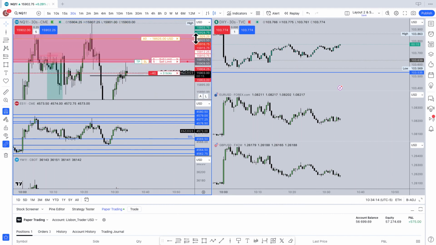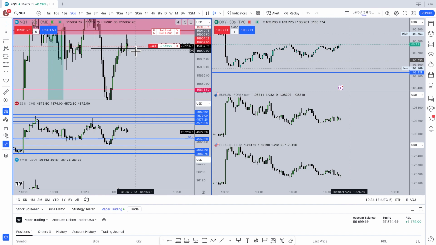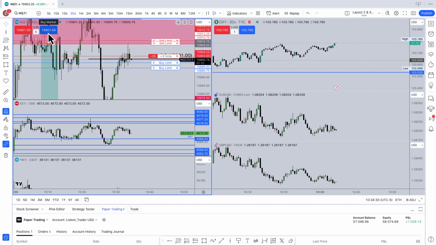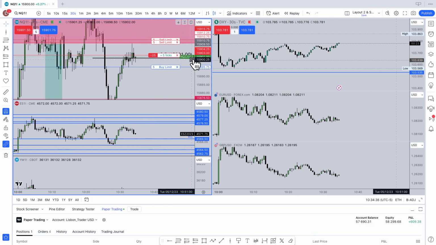Okay, 40 lots. Let's remove something here. Okay, see, it just allows us to allow the risk to be even higher if we add to sell above.